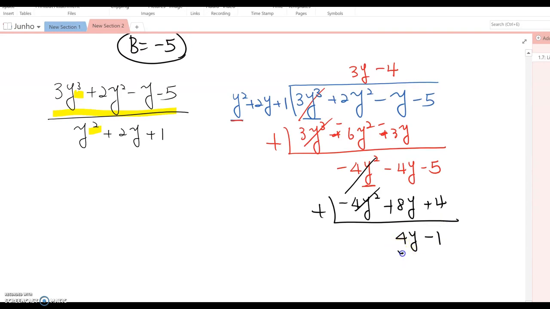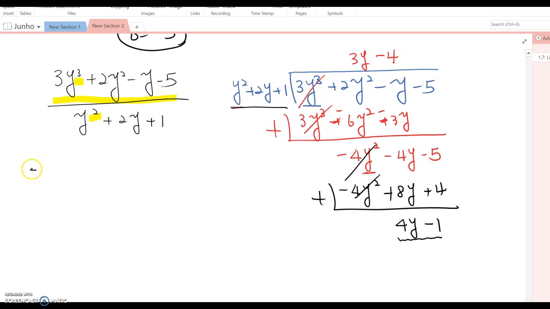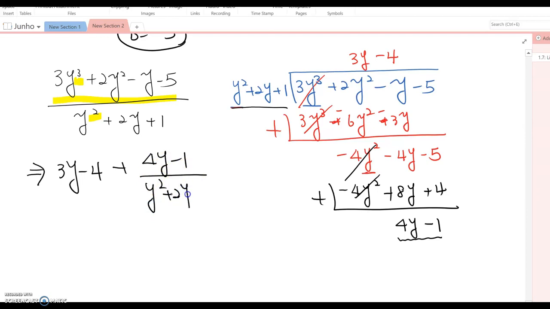As you see, this last term is smaller than this divisor, so we can write this answer as 3y minus 4 plus 4y minus 1 over y squared plus 2y plus 1.